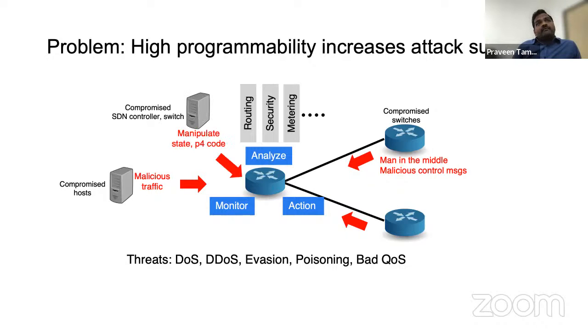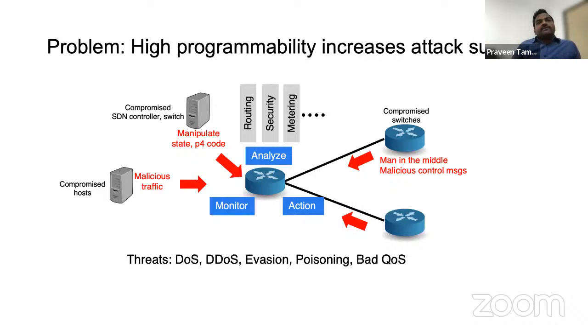Even worse is a compromised SDN controller, switch operating system, or switch SDK drivers, where you program the forwarding plane by modifying register state and table rules. If these are manipulated by an adversary sitting in the middle, it could lead to rerouting traffic to a wrong or congested path, or other security issues would pop up.